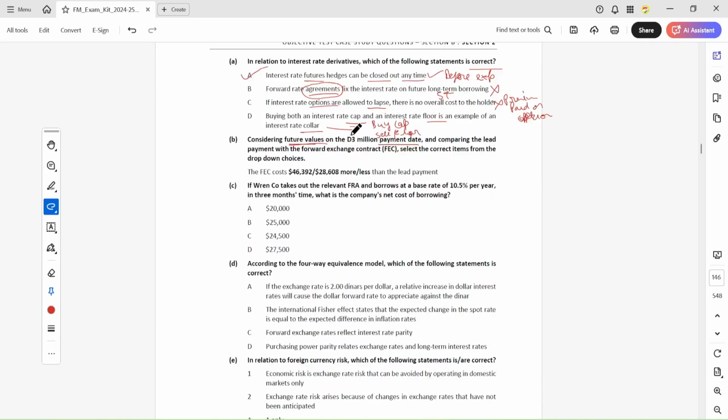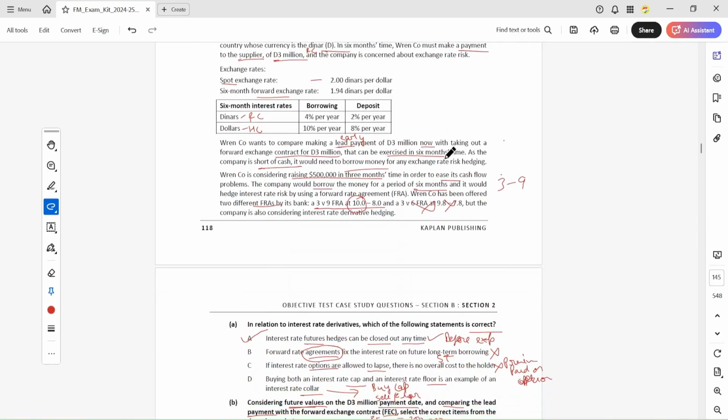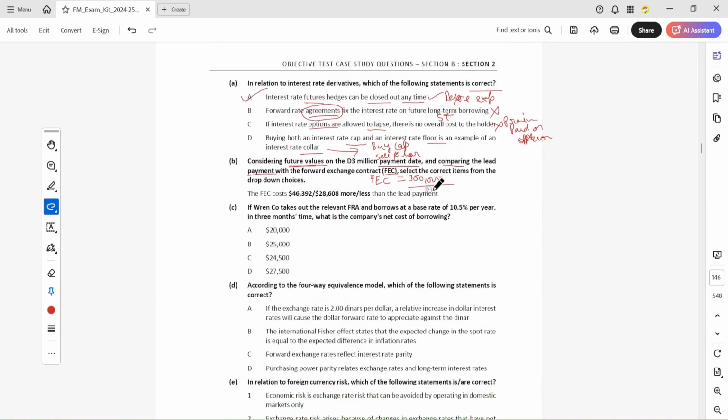Considering the $3 million payment and comparing the lead payment and forward exchange contract, select the correct items from the drop down list. According to forward exchange contract, how much do we pay? We will pay 3 million divided by 1.905, which is 1,575,000.